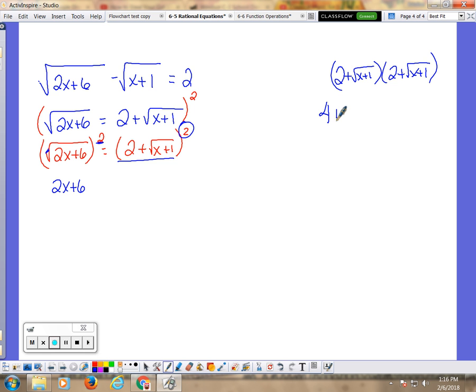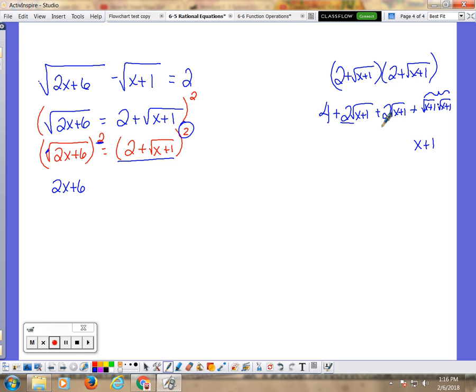So that's 4 plus 2 square root of x plus 1 plus 2 square root of x plus 1 plus the square root of x plus 1 times the square root of x plus 1. Now we know that this right here just gets me an x plus 1.